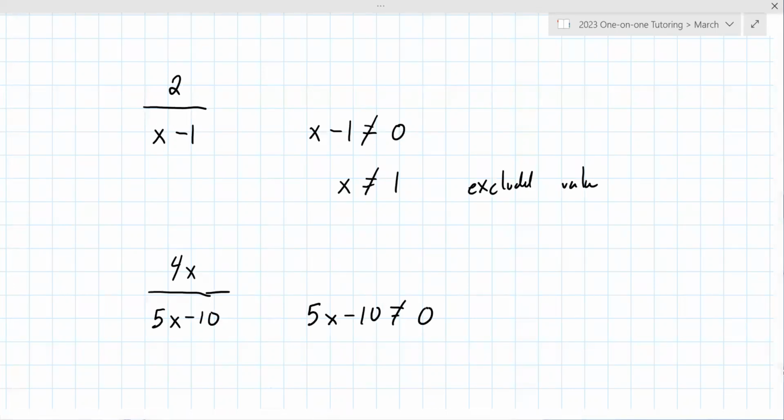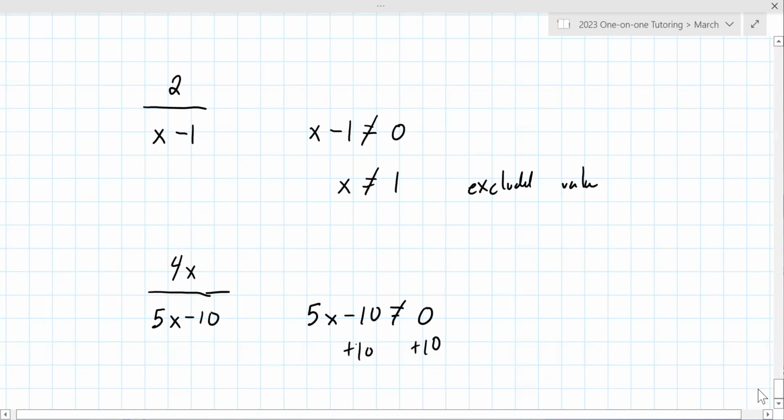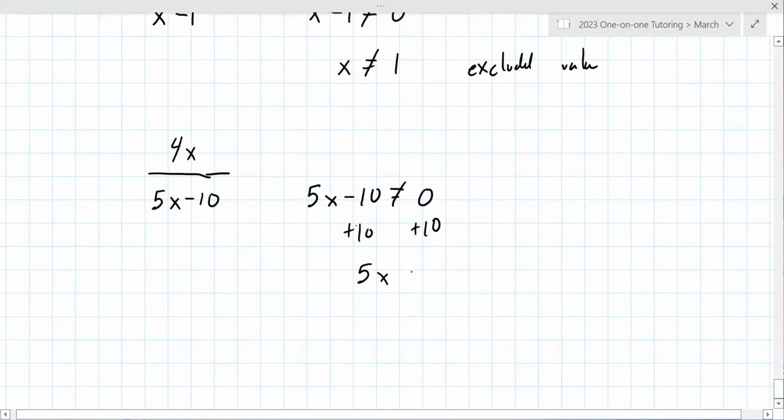So it would just be x minus 2 over, or no, 4x over x minus 2. Well, you don't care about that. You just care about the bottom, just the bottom. Because you add 10 to both sides, and then you divide by 5.